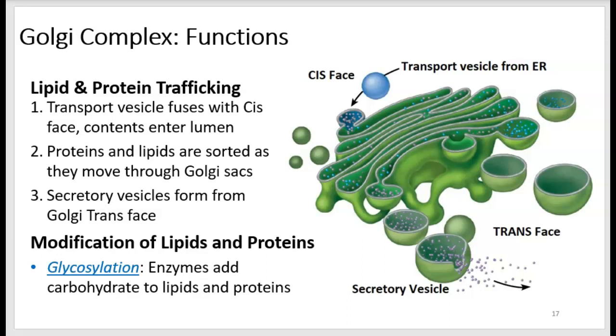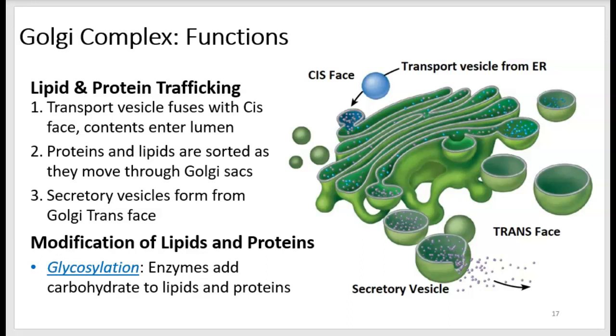Vesicles bud off of the Golgi's cis sac, move a very short distance, and then fuse with the next Golgi sac. And then the same thing happens again. Another little tiny vesicle fuses off of the middle sac, moves a very short distance, and fuses with the trans-facing sac.